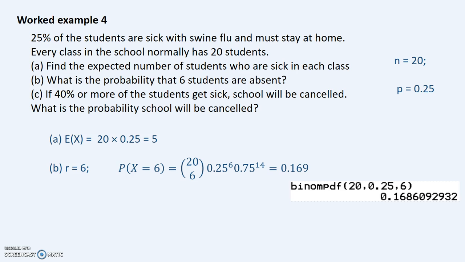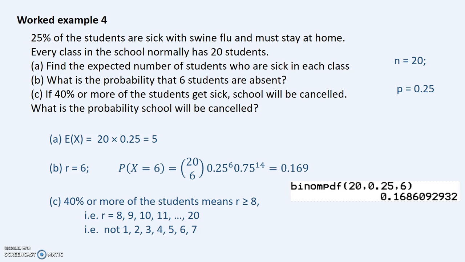If 40% or more of the students are sick, the school will be cancelled. What's the probability the school will be cancelled? 40% or more of the students means R is greater than or equal to 8. 8 out of 20 is 40%. So that's 8, 9, 10, 11, 12, up to 20. So you could do those 13 different calculations.